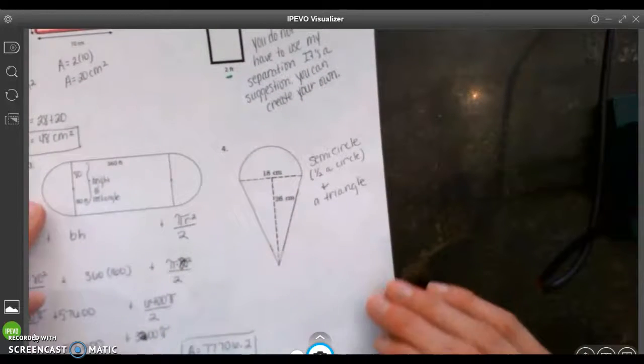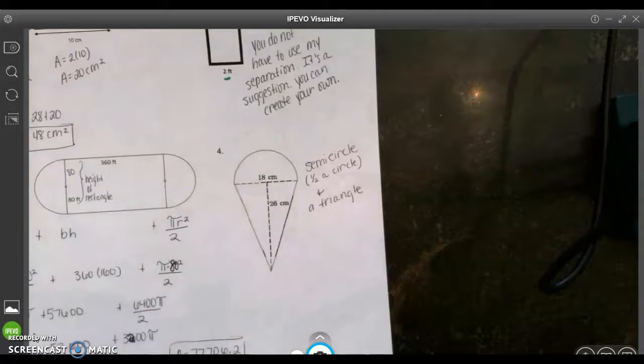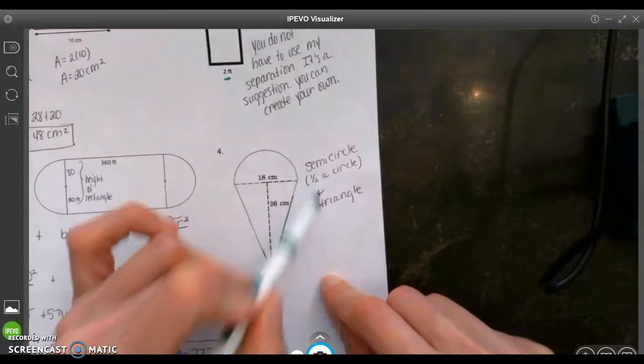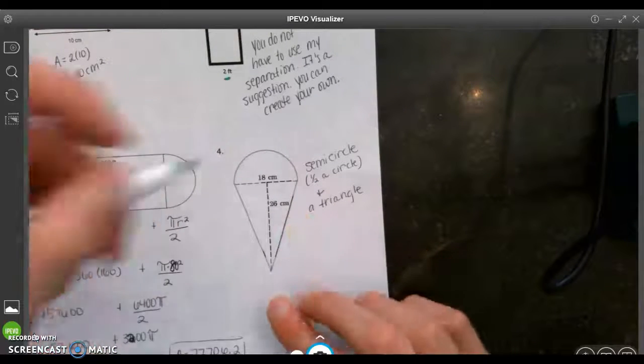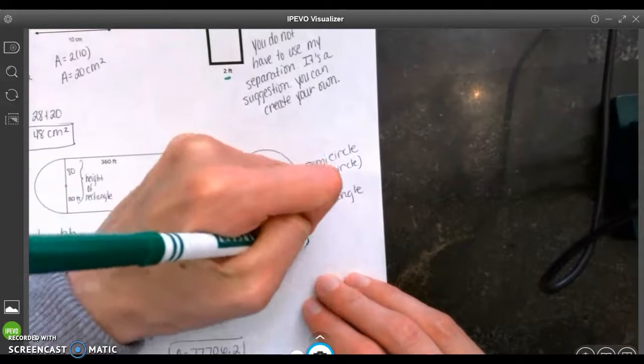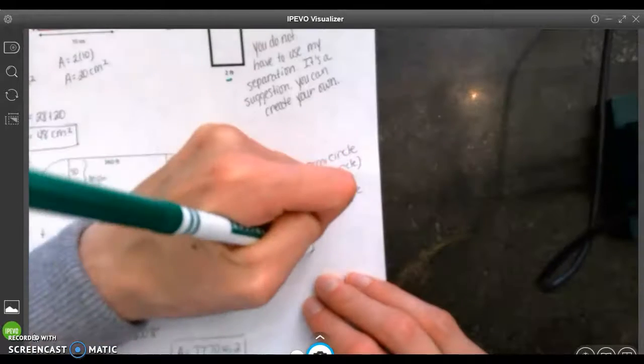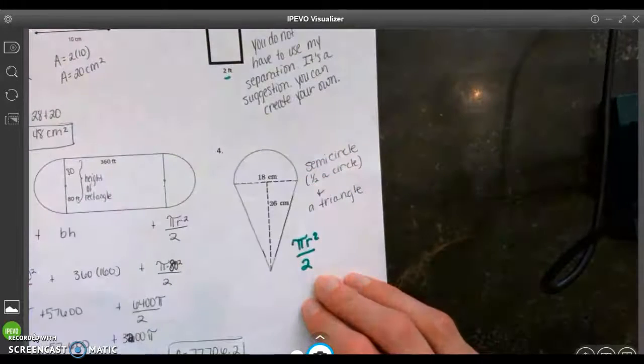In number 4, we have a semicircle, so a half circle, and a triangle. So for that semicircle, I want to take pi r squared, and then whatever I get for that, I want to divide by 2.